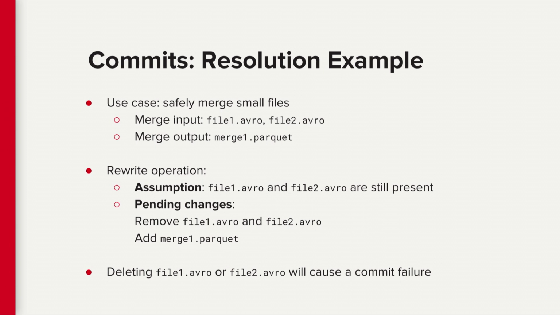Do you have any numbers on how long it takes to verify all of these assumptions when you're doing conflict resolution? Conflict resolution is actually really cheap, unless you happen to hit something where you have to rewrite one of the manifests. It really depends on the operation. If you're deleting files from a table, then you definitely have to rewrite a manifest. That can be expensive, and the time it takes to do those file system operations on the manifest files is the dominating factor.